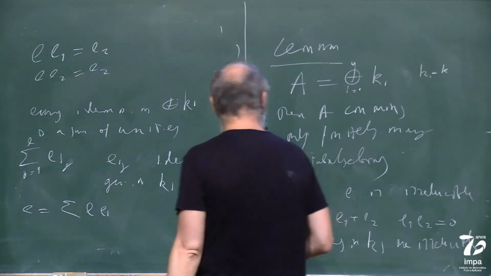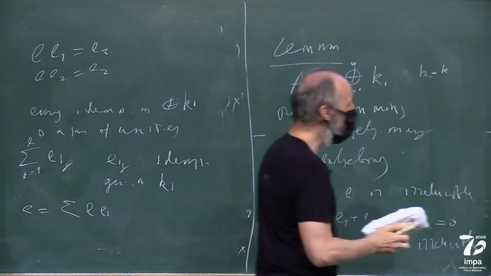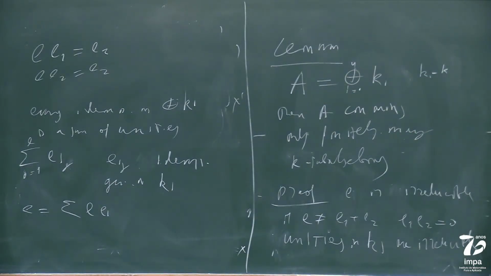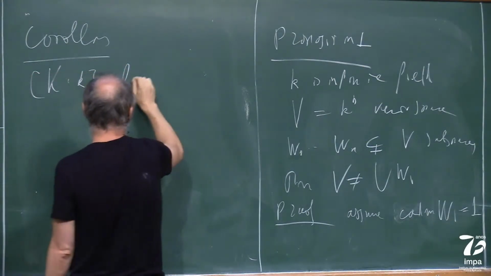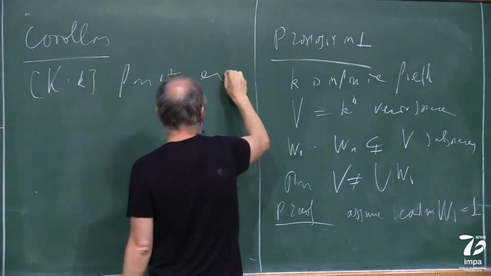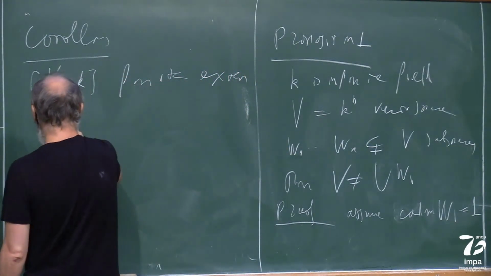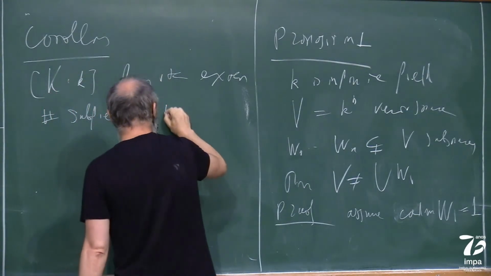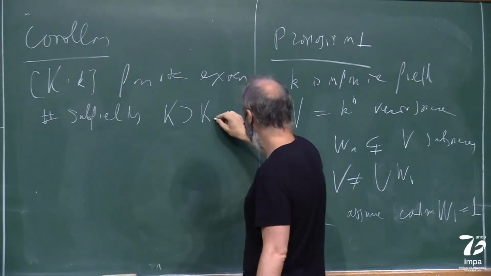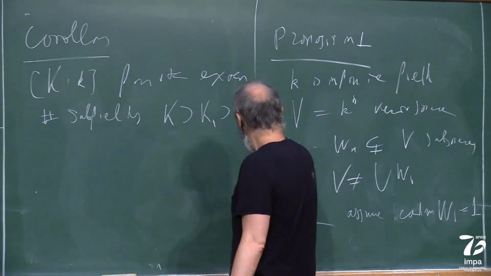Okay, and this immediately implies a corollary: if you have a field K over K small, a finite extension, then the number of subfields between K big and K small is finite.